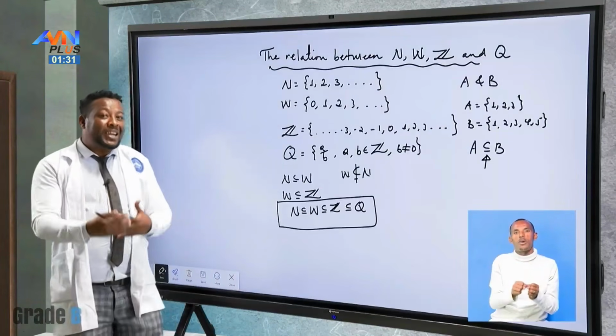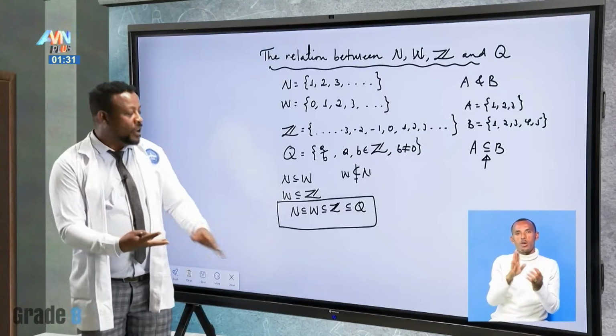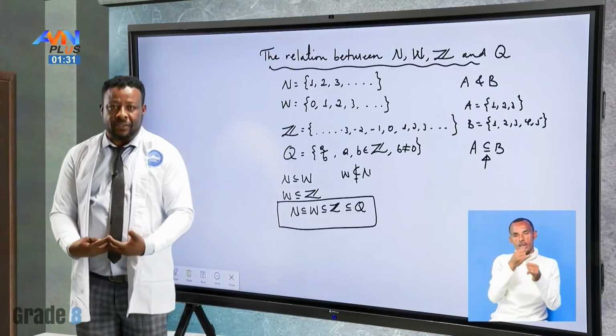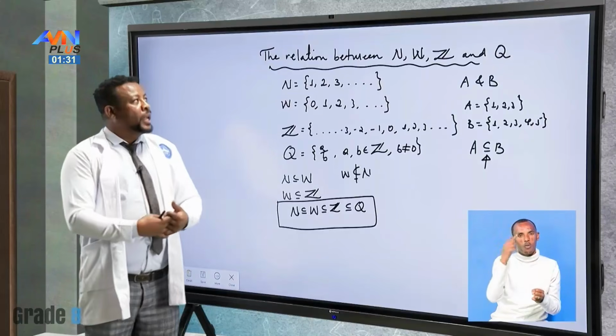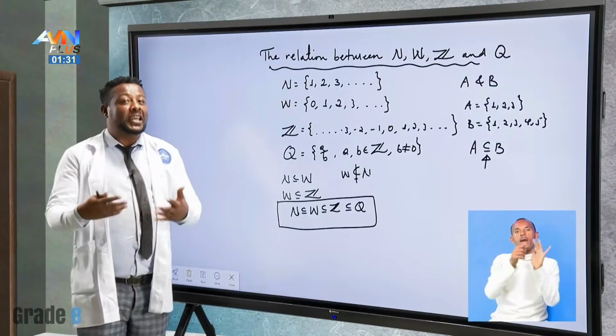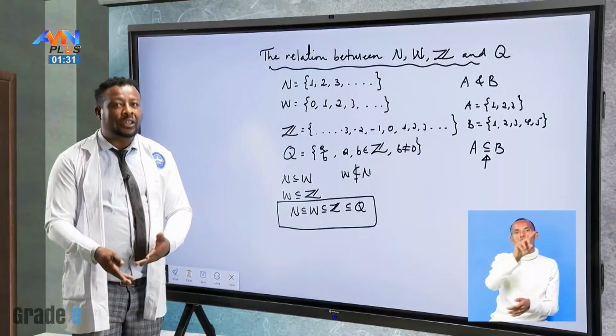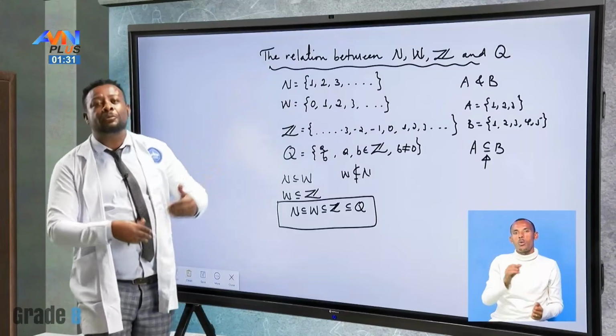So rational numbers can be considered as a universal set for these 3 sets, right? Now, to make it clear, I will give you a certain example so that you will answer that question according to what I have explained here.